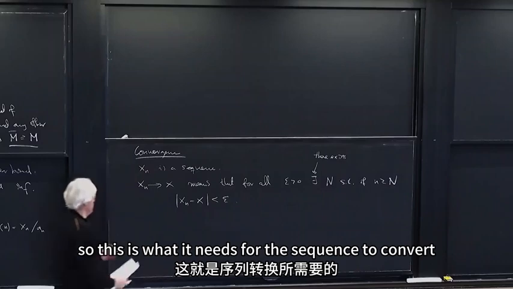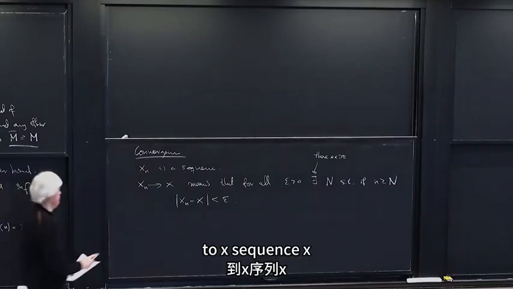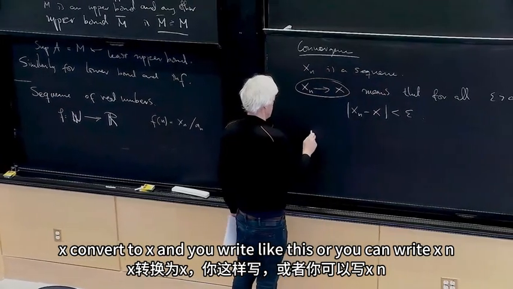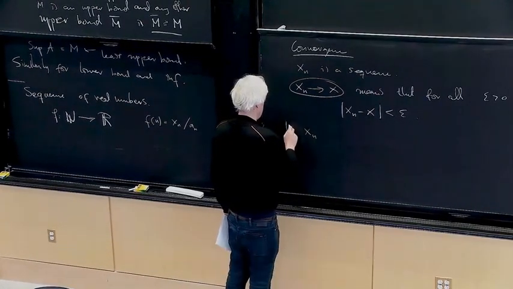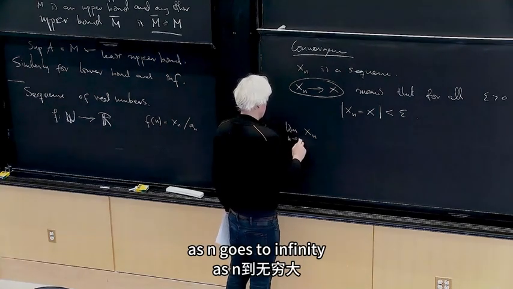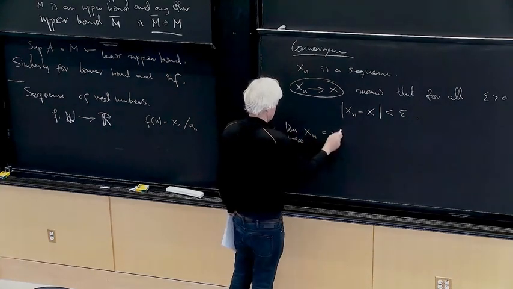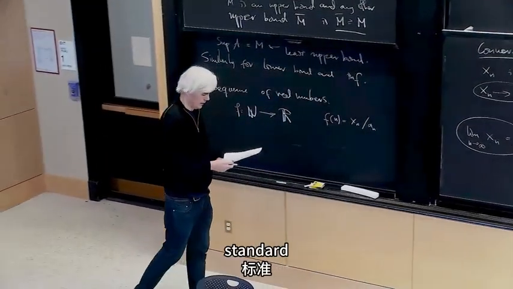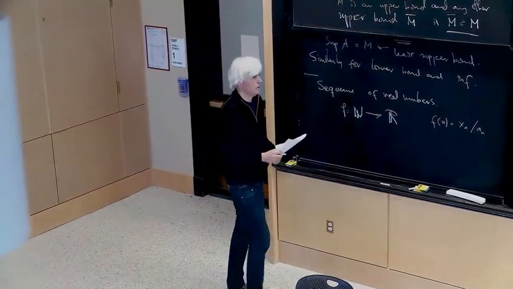Right, so this is what it means for a sequence x_n to converge to x, and you write it like this, or you can write the limit of x_n as n goes to infinity is equal to x. Both of these are standard to use.